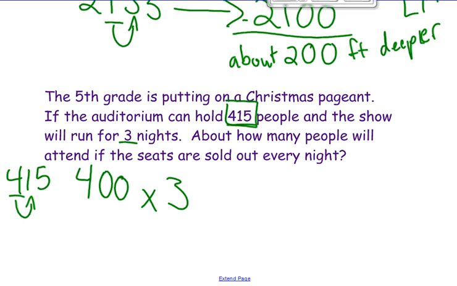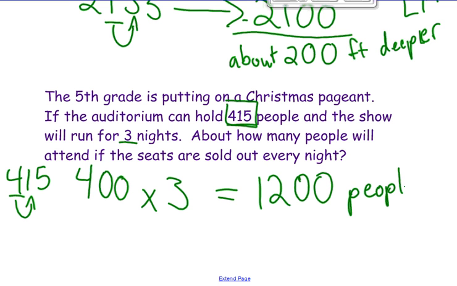And now we can do our simple math of 400 times 3, which is going to be 1200. And so there will be about, I want to make sure we get that about in there, about 1200 people.